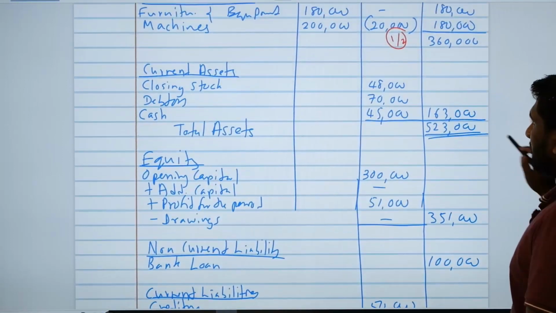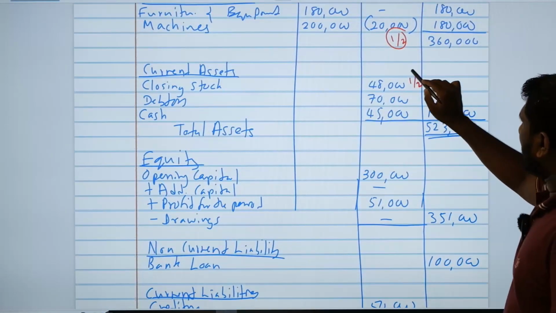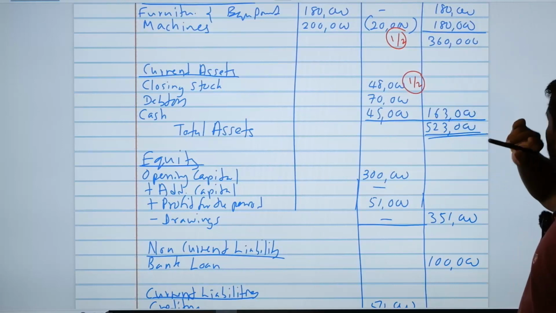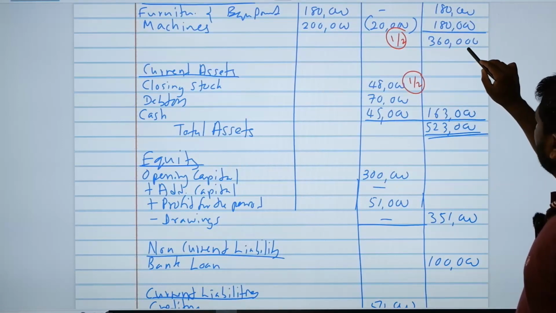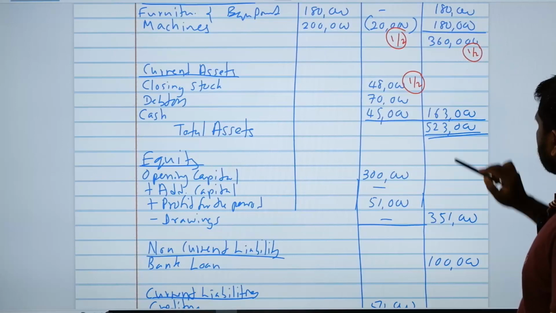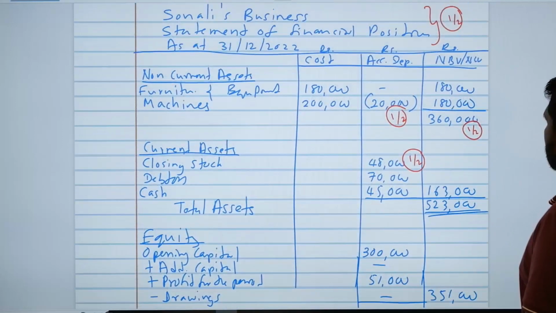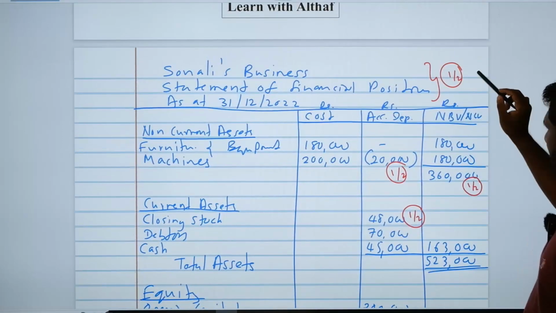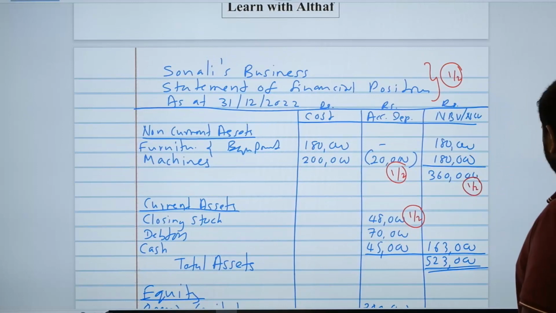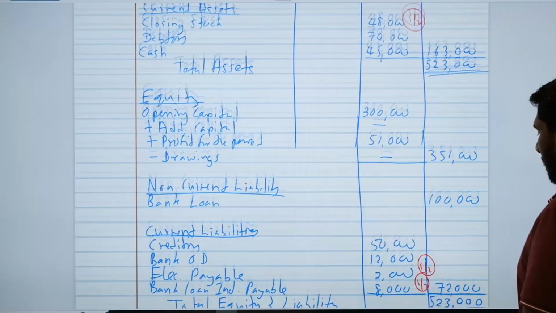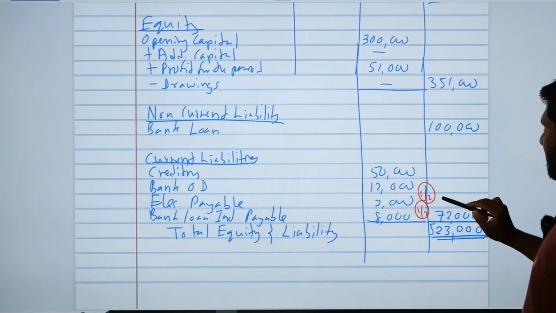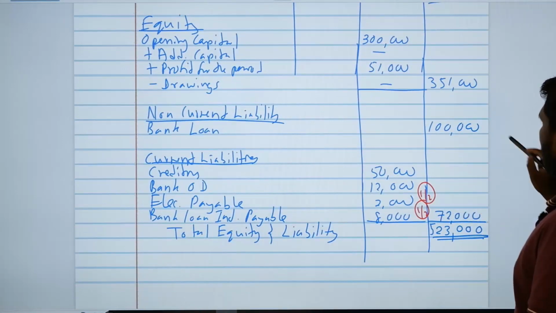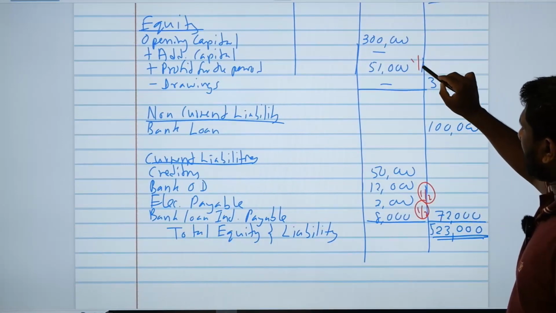Here for the stocks half a mark. For the total non-current assets half a mark. And for this one take half a mark.